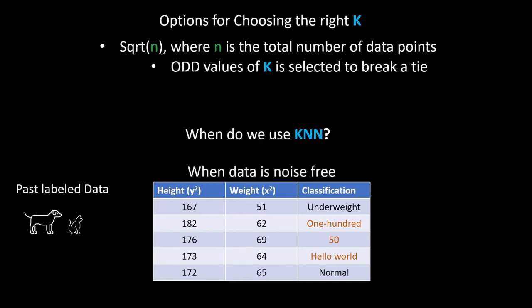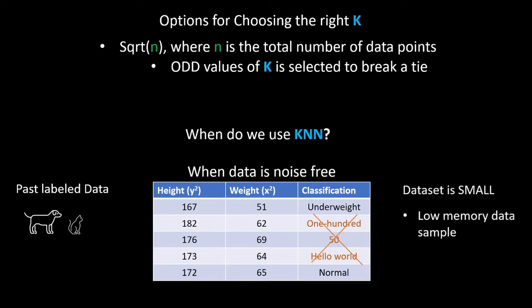When our data is noise free, it's very good for us. And you can see in this particular case, we've got a lot of noise in the classification output. We want yes or no, or we just want to classify something as either underweight or normal. But here you can see that 100 or 50 or hello world is noisy data that we don't want to use inside this particular algorithm.